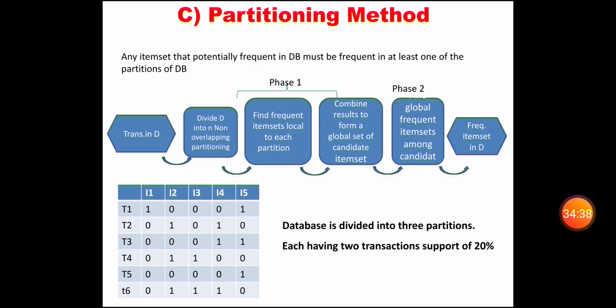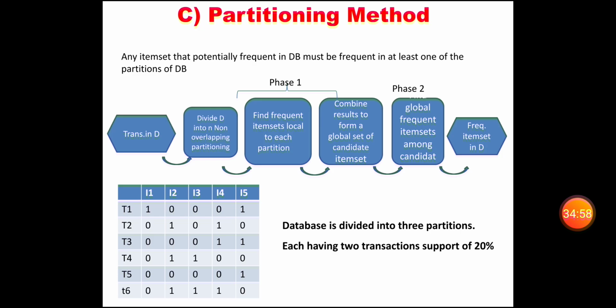And in T3 you can see I4 is present and I5 is also present. We marked 1, which means it is available. In the T4 transaction, I2 is marked 1, and I3 is also marked 1.